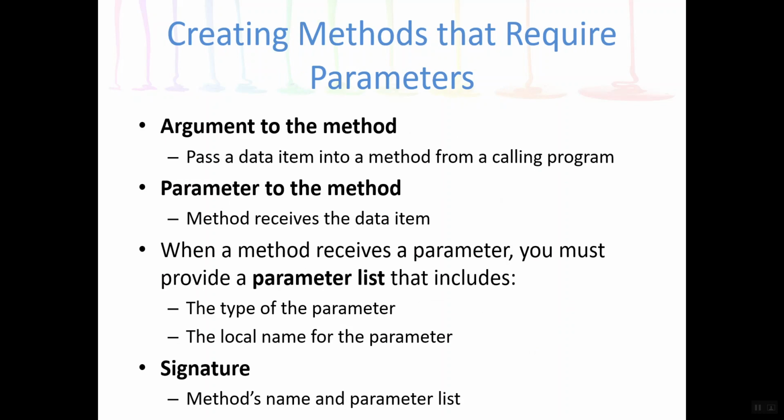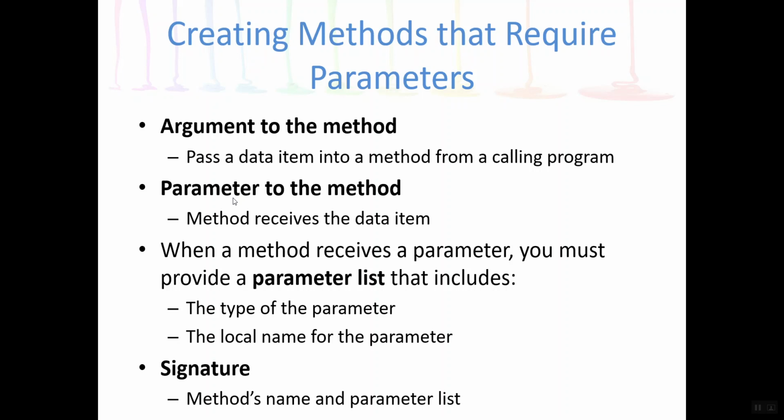So let's talk a bit about passing data from one method to another. There are times where we'll need to share information. And when that's the case, we'll want to pass an argument to a method. Argument is just a term for data that we're passing. In order for a method to receive the data item, it has to define what's called a parameter.